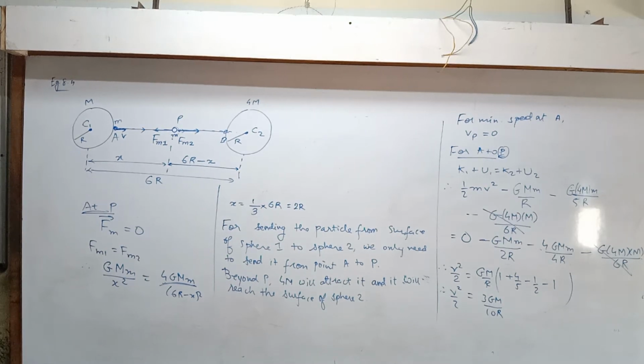Time period is given, 7 hours 39 minutes, and the orbital radius of 9.4 into 10 raised to 3 kilometers. So T is given and R is given. Calculate the mass of Mars.